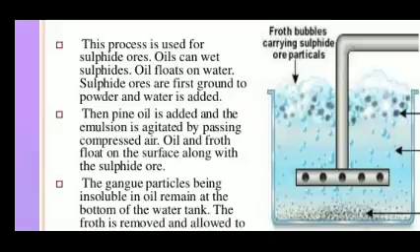The oil and ore float on the surface along with the sulfide ore. That is the second step. As the strong current agitates the mixture of water, ore and fine oil, the ore particles separate on the surface along with the oil.